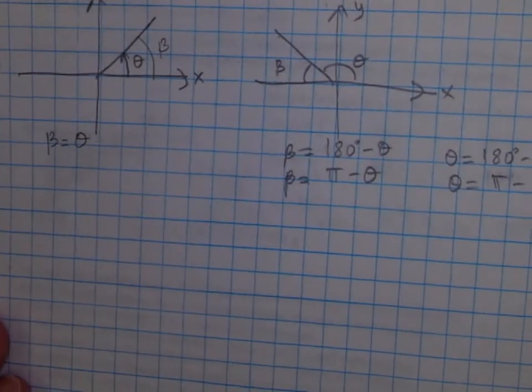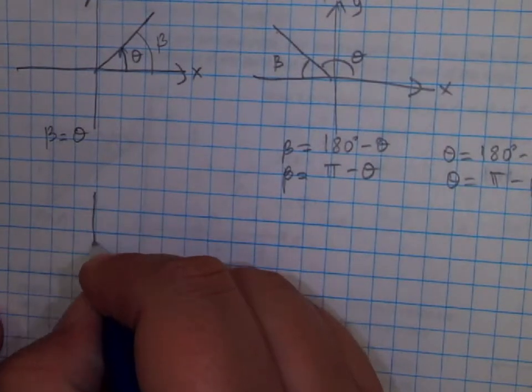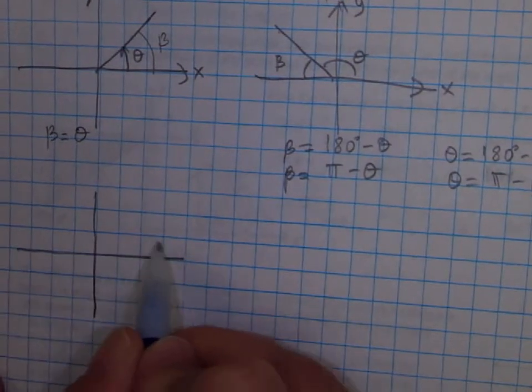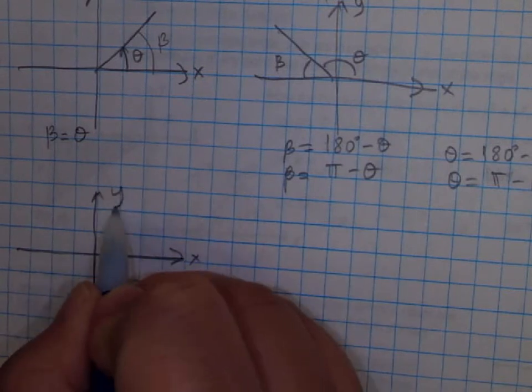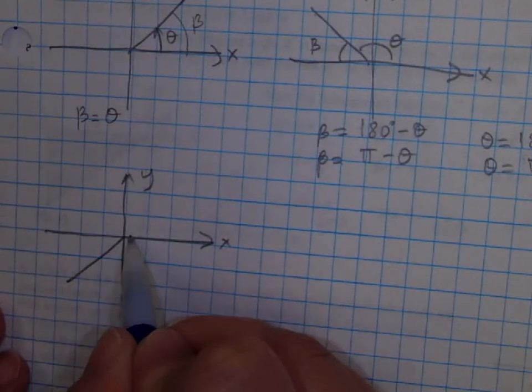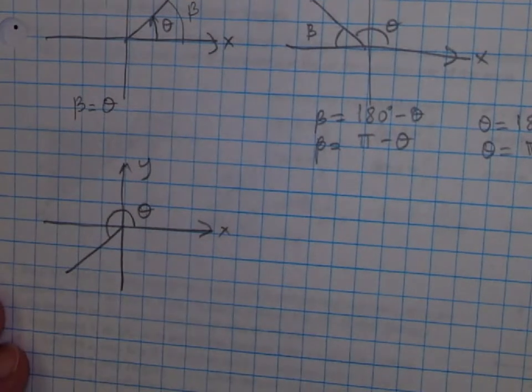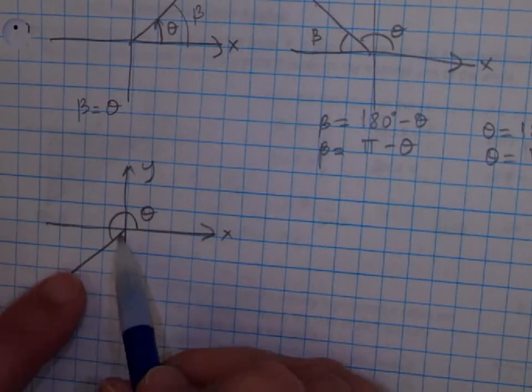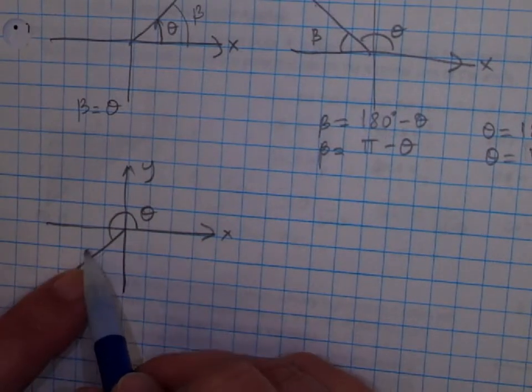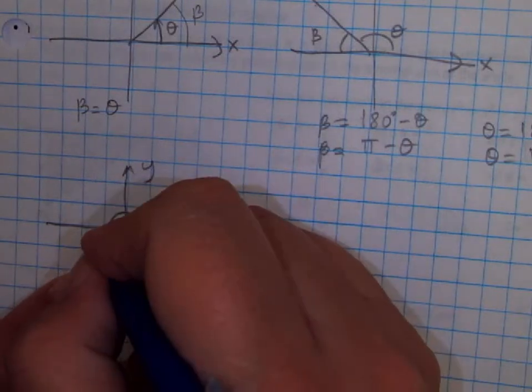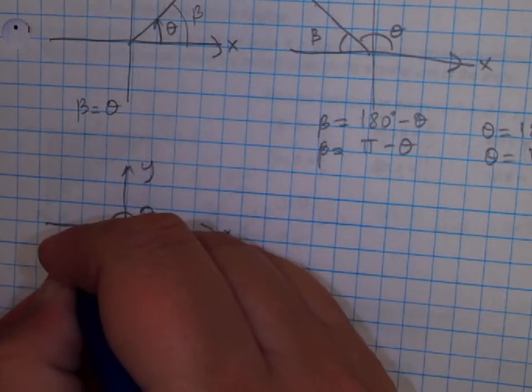How about if you have an angle in quadrant 3? So that is theta, this is the terminal arm, and the angle between the terminal arm and the closest x-axis is here. That is beta.